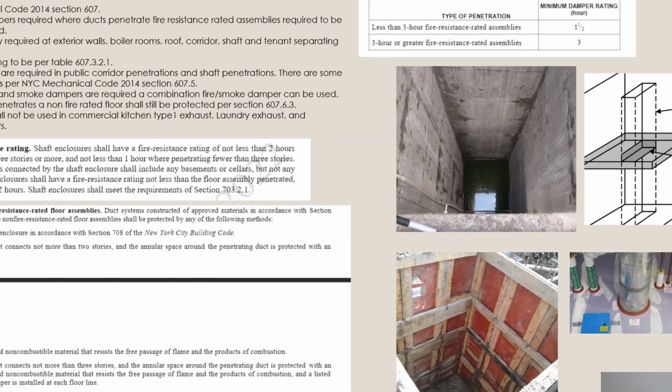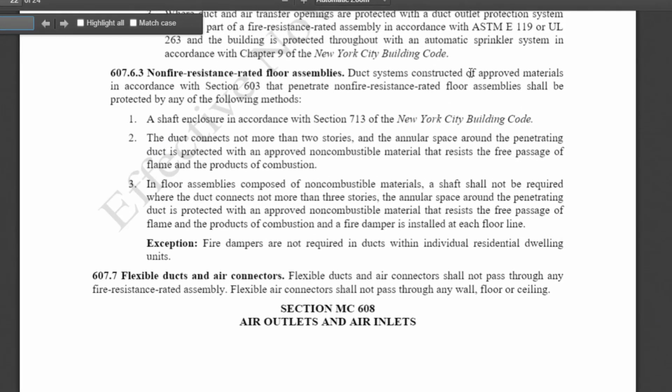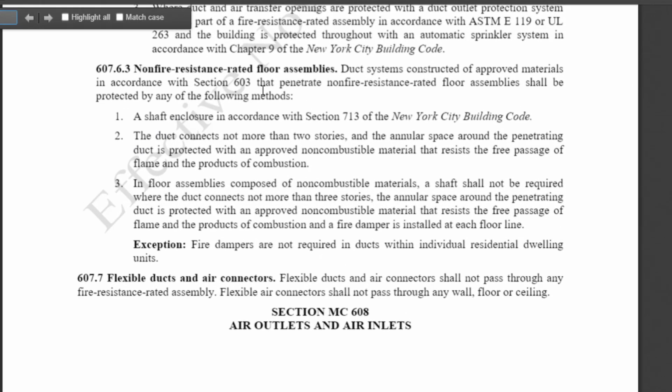So to go over this section here, you could see that duct systems constructed of approved materials that penetrate non-fire resistance rated floor assemblies shall be protected by any of the following methods. A shaft enclosure, like we discussed, which could be a 1 hour rating or 2 hour rating, depending on the amount of floors that are penetrated.